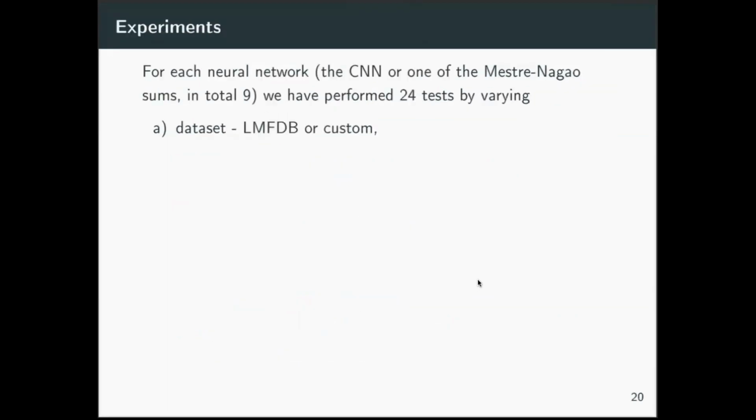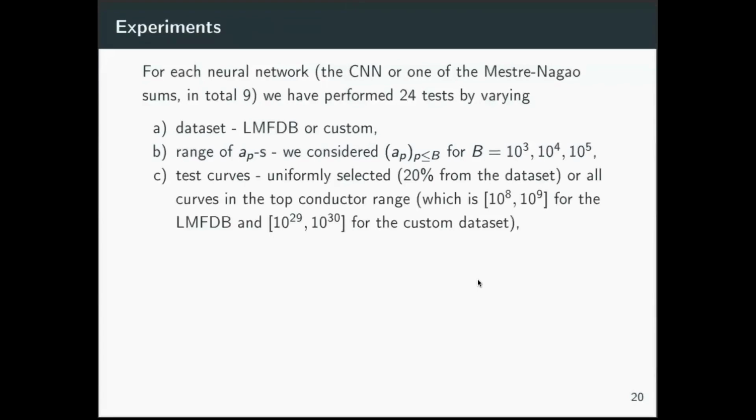Okay, so now I'll talk a little bit about the experiments that we made. First we varied the dataset, either LMFDB or custom dataset. We varied the range of a_p, so we considered three bounds, 1,000, 10,000, and 100,000. And we also varied the test curves. We have two modes. In one mode, we uniformly selected 20% of the curves from the dataset.